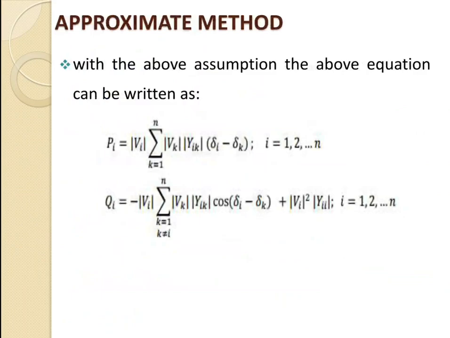In the same way, the reactive power is given by Qi equal to minus Vi, summation over k equal to 1 to n where k is not equal to i, Vk Yik cos(delta i minus delta k), plus Yii Vi squared, where i equals 1 to n. This is the equation for the active power and reactive power that we get for the approximate method.